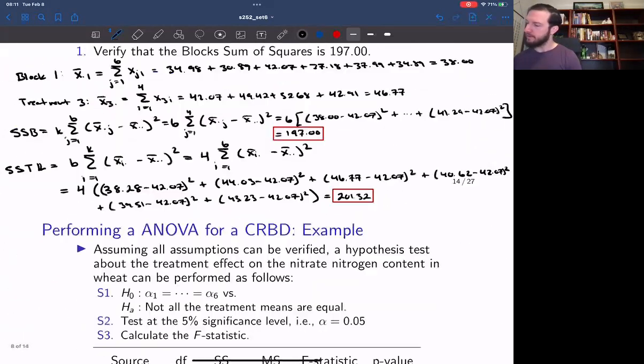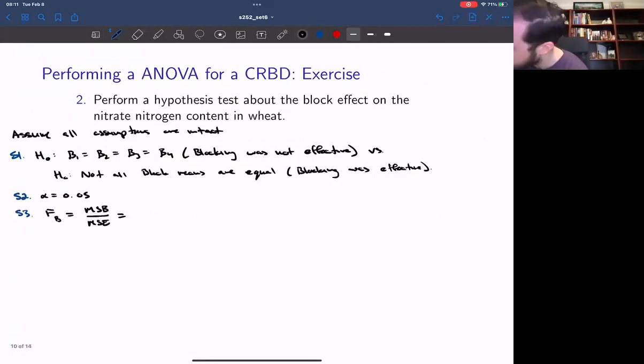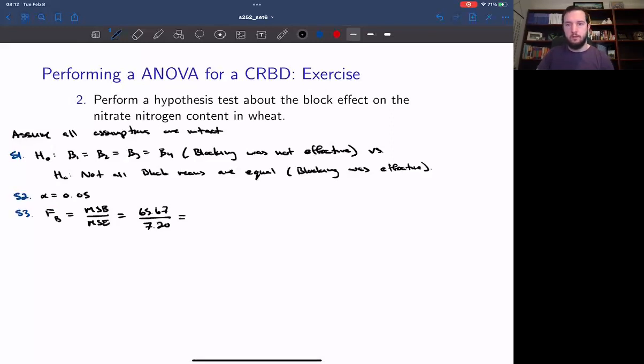All right, and from the ANOVA table, that's going to be 65.67 divided by 7.2, and that is equal to 9.12083.